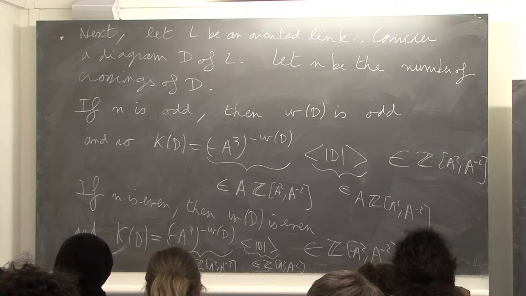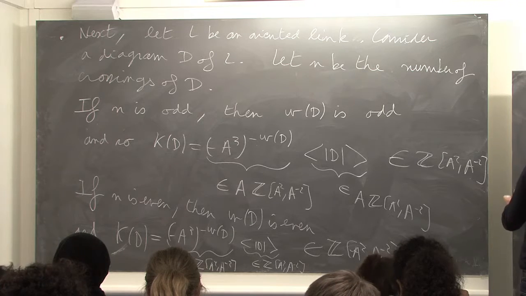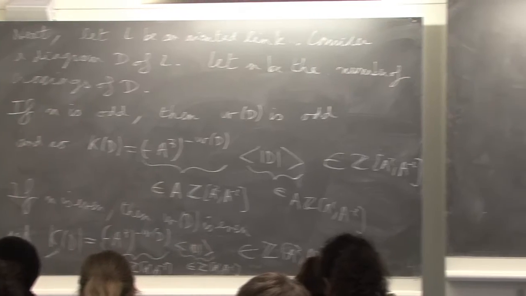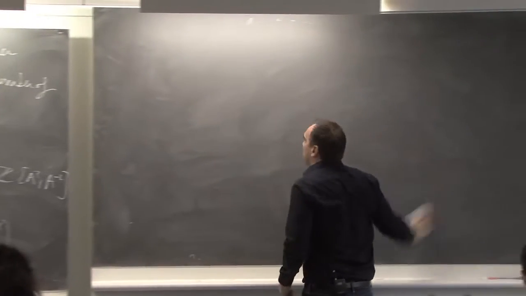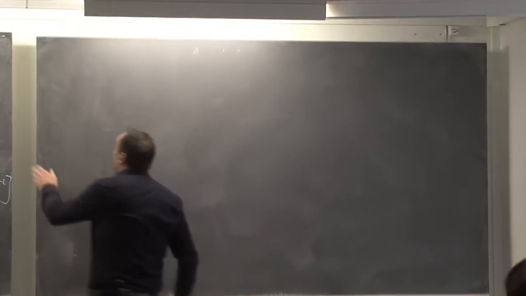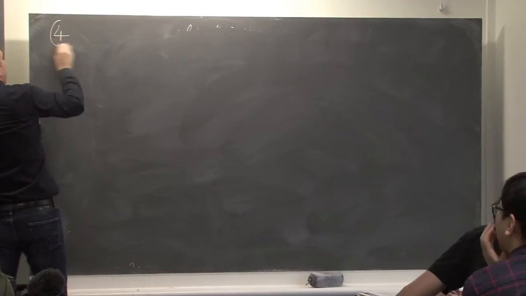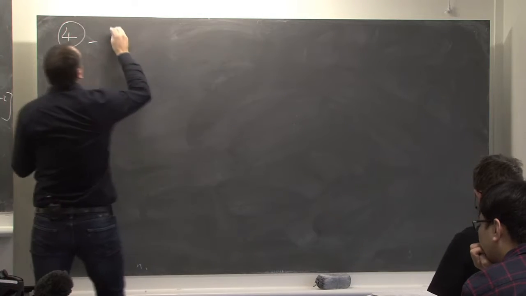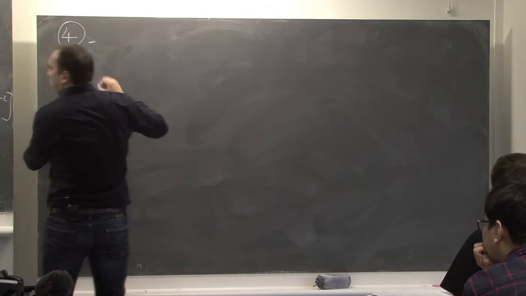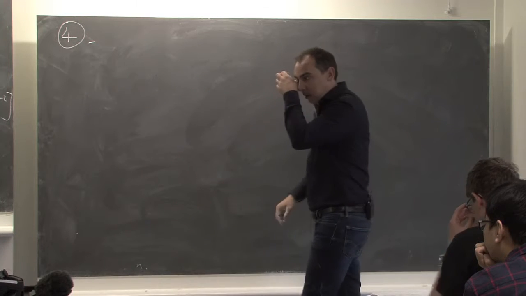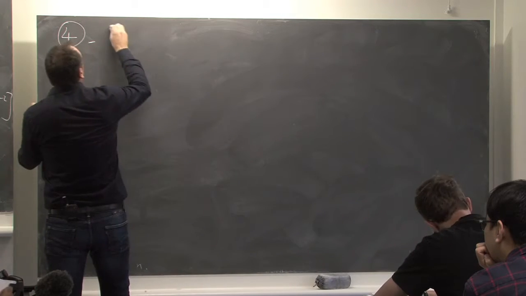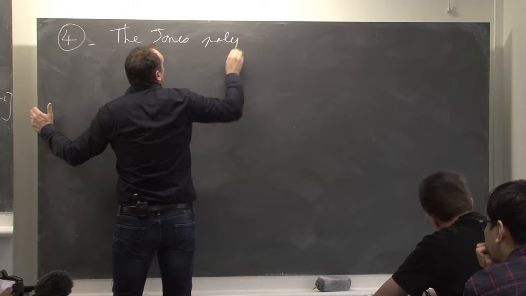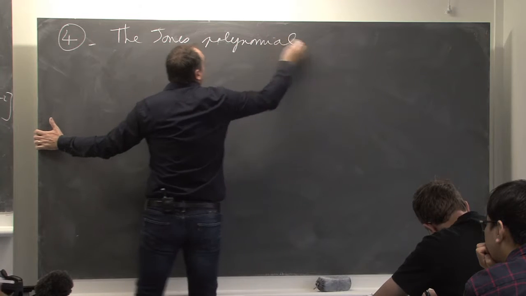And so we now define the Jones polynomial. It is just a renormalization of the Kauffman polynomial, but we call it the Jones polynomial because it was previously defined using another method. That's why we have the name.